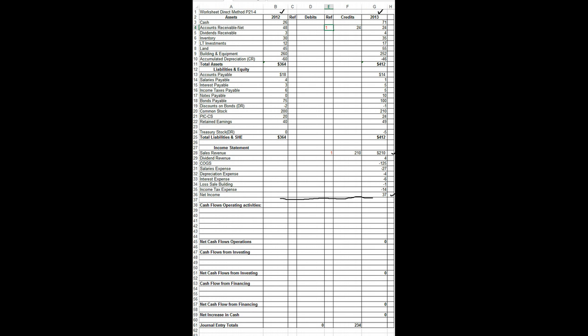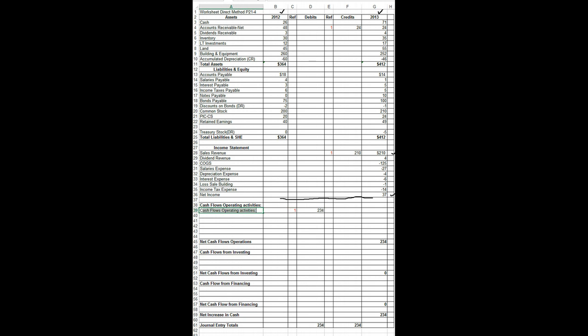So I have a credit of 24 and a credit of 210. So I need a debit of 234 to make my worksheet balance, and that is how much cash I have received from customers.